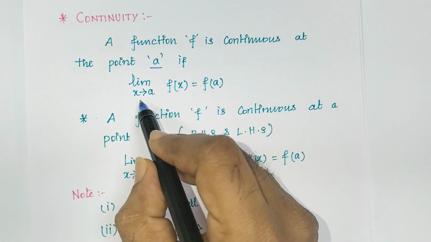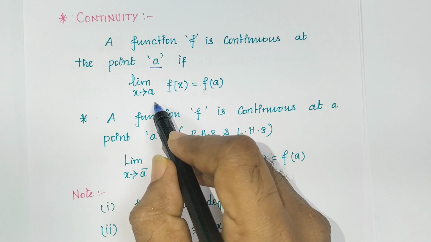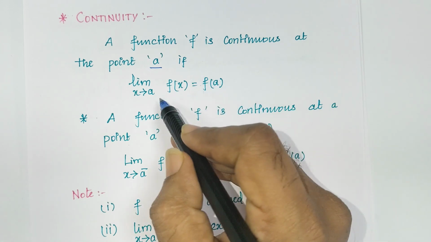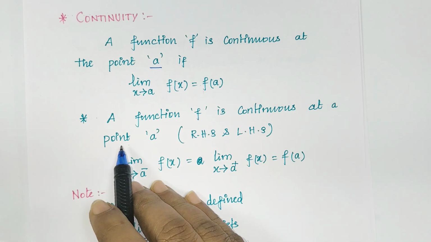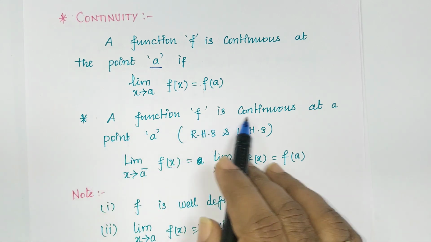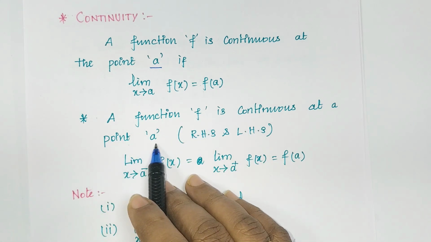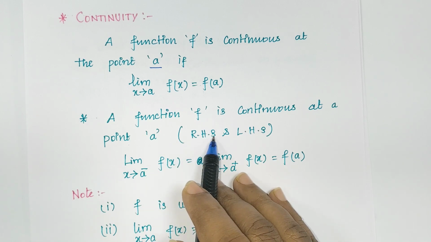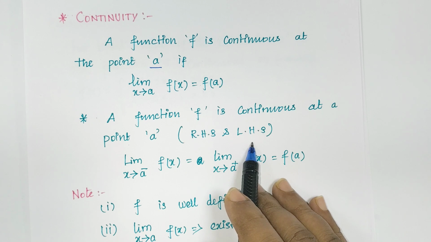When x approaches a, you may get one function value, and that function value is equivalent to that limit. So we can say a function f is continuous at a point a. Here you will have two values: one is the right hand side limit and another is the left hand side limit.